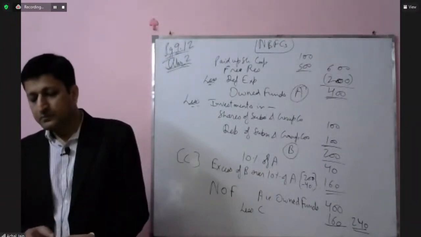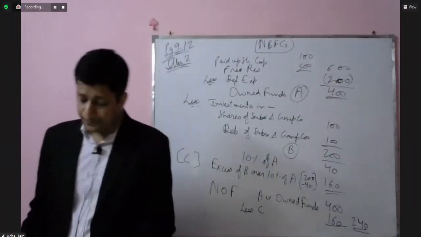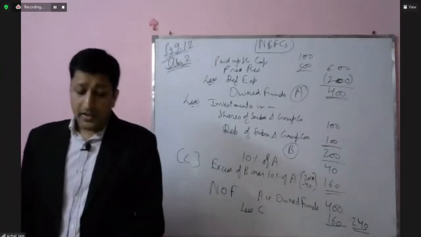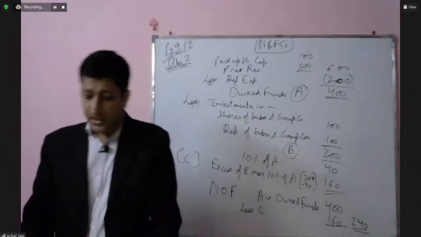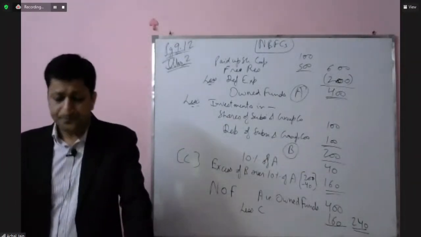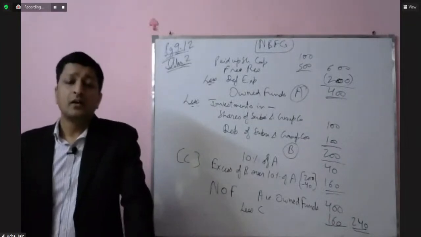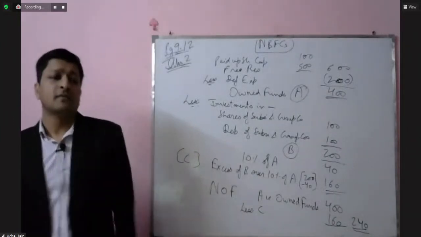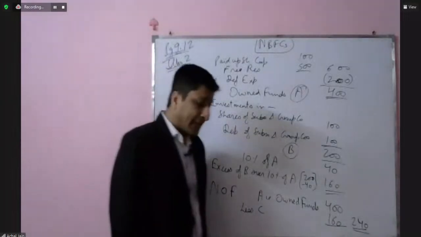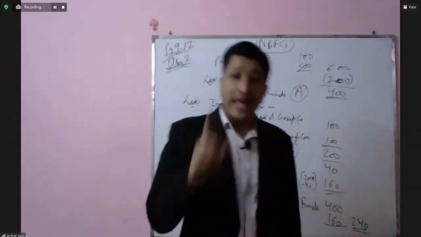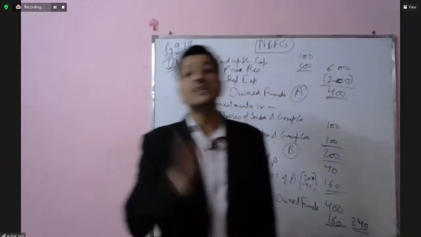Then, as we move further, in respect of the income recognition criteria, it's similar to the one we saw in case of banks. Income will be recognized on NPAs only when it is realized.